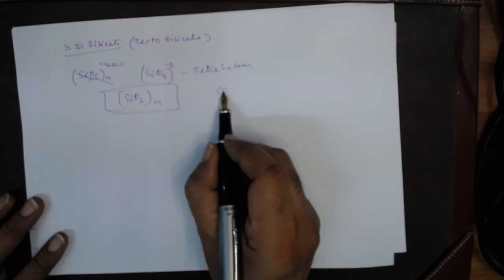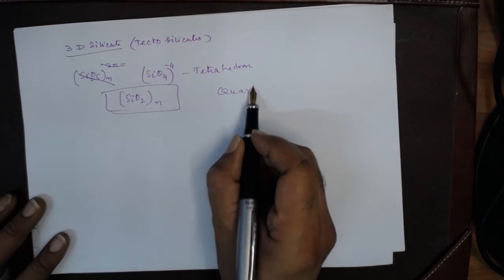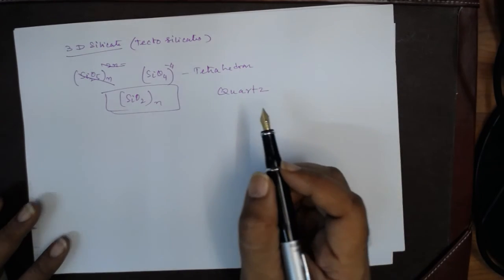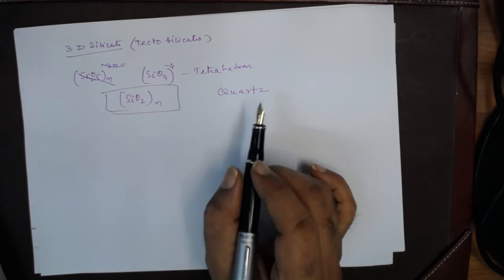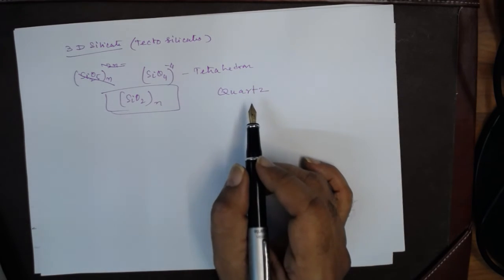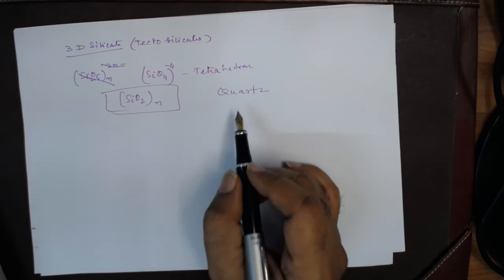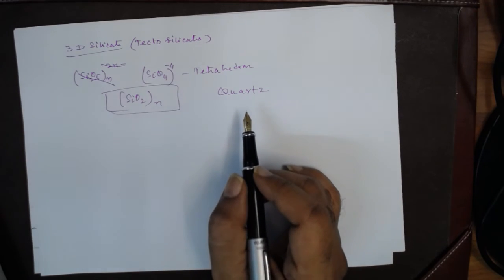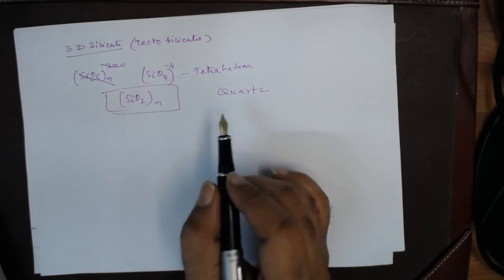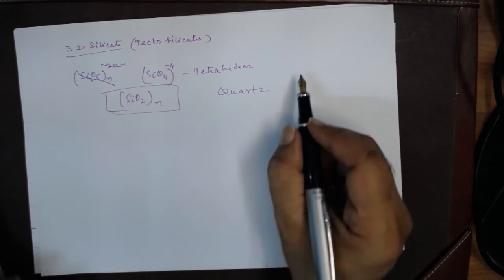Example, quartz crystals. This quartz has got some speciality. When you pass current, it will start vibrating. When you mechanically vibrate, it will give current. That is called piezoelectricity.